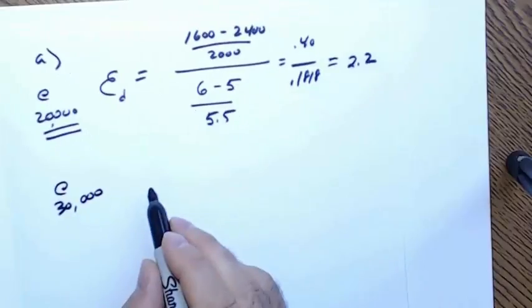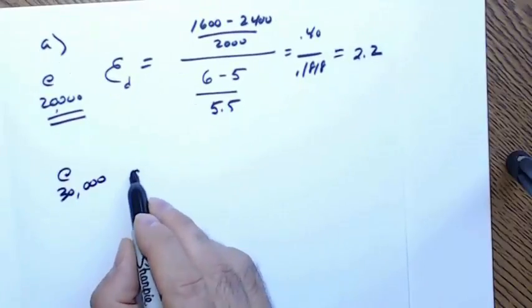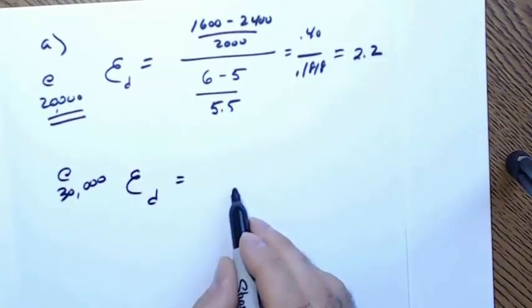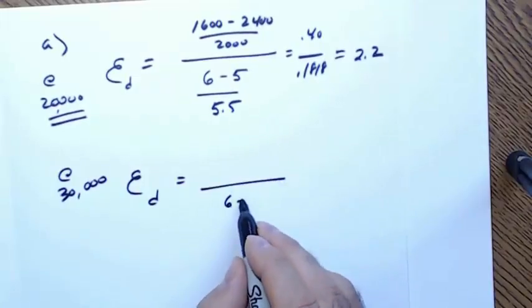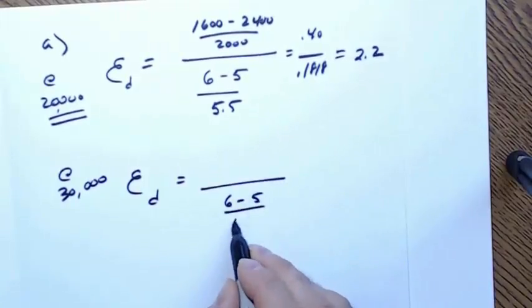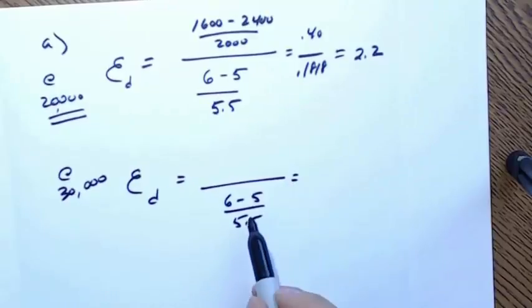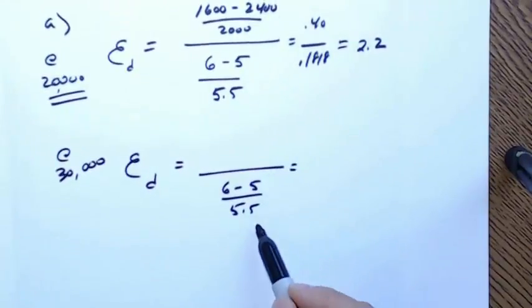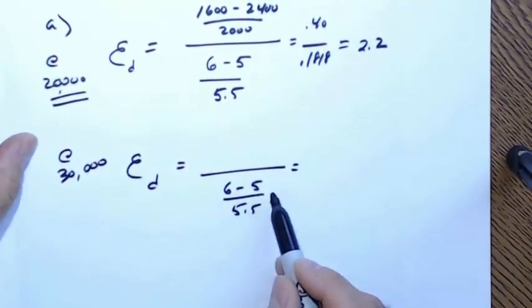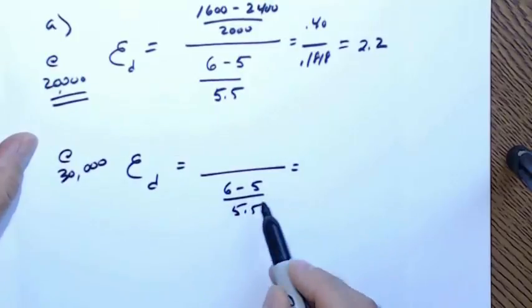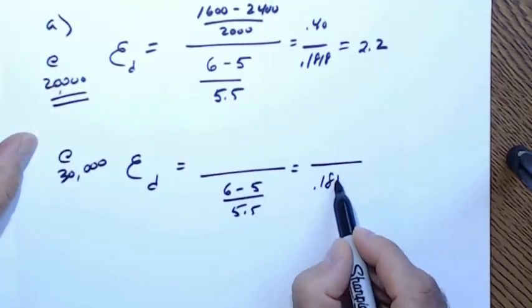Now, at $30,000 average income, the elasticity of demand, well, for a $5 to $6 change, it's the same price effect, which turns out to be the 18%.